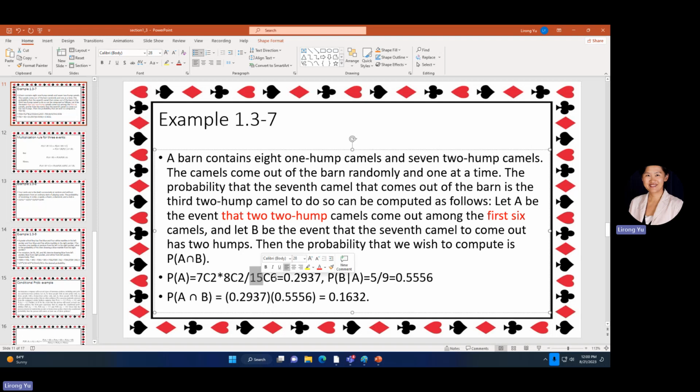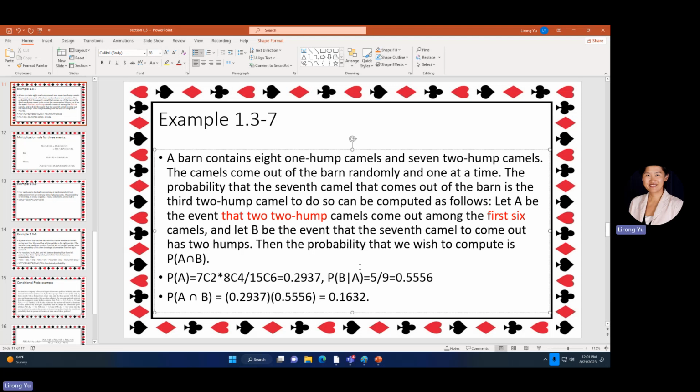The denominator is 15 choose 6, and the numerator is, out of the 7 two-hump camels, you choose 2. Out of the 8 one-hump camels, you should choose 4. That 2 plus 4 is the 6 camels. In those 6 camels, 2 of them are two-hump and 4 of them are one-hump. That will guarantee that inside the first 6, 2 of them are two-hump.